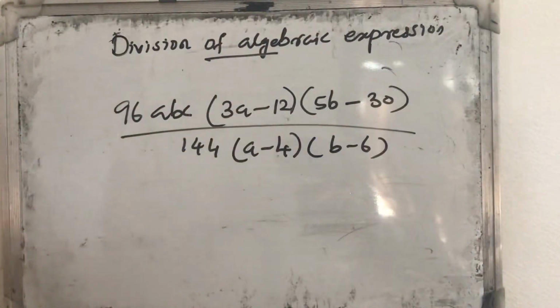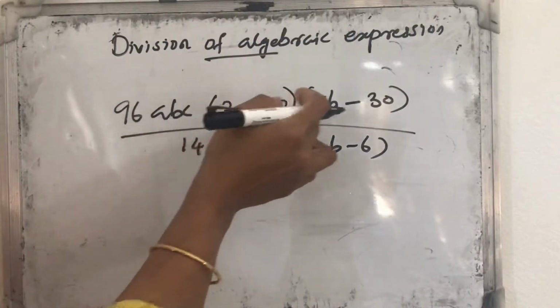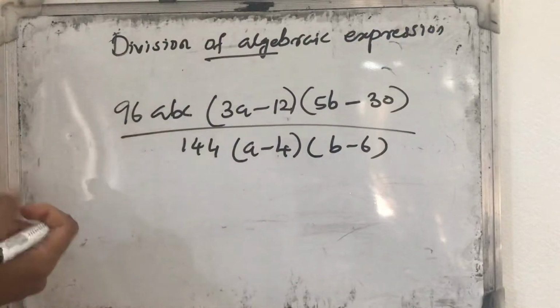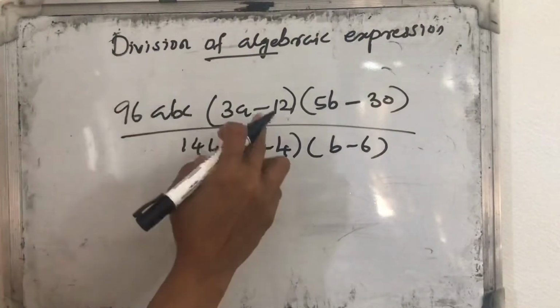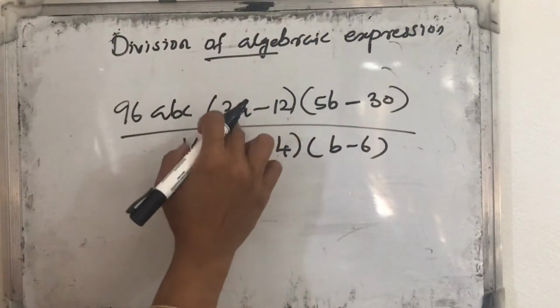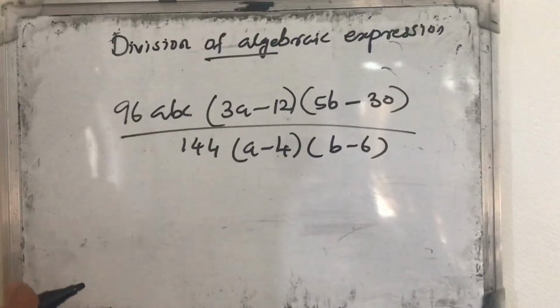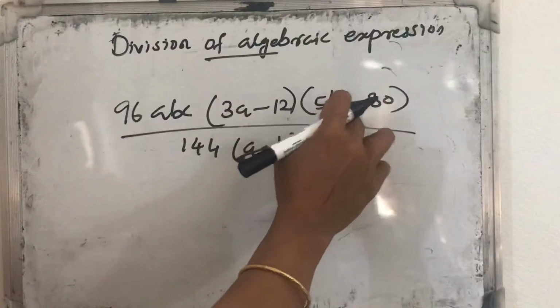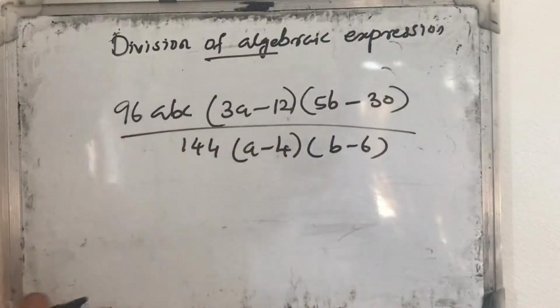Can we find any common factor in these two, any factor we can take outside? In 3a minus 12, one common factor is 3. In 5b minus 30, the common factor is 5.